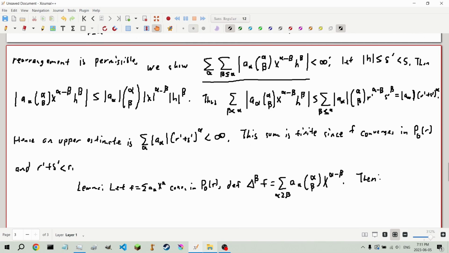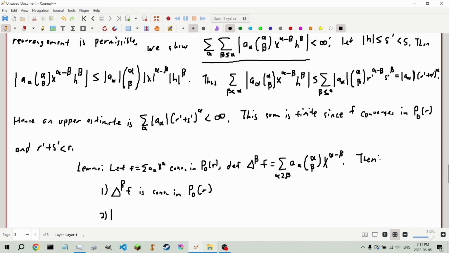And then we have a few properties about this. First off, delta to the beta of f is convergent in the open polydisk of radius r.